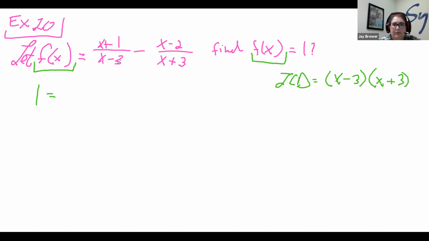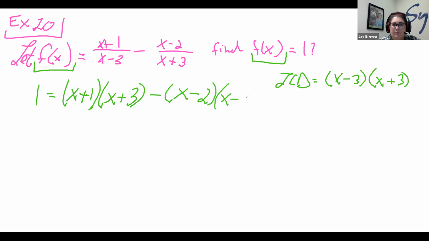We have an x minus 3 here, which means to make it no longer a fraction, we have to multiply x plus 1 times what's left, which is x plus 3, minus x minus 2. But it has x plus 3. It's missing the x minus 3. Guess we don't need 2 parentheses there.